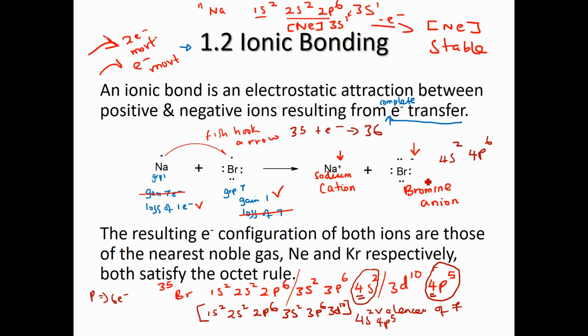That tends to be krypton. So the electronic configuration of the bromine with a negative charge will be krypton. Okay, and that's how this was found.